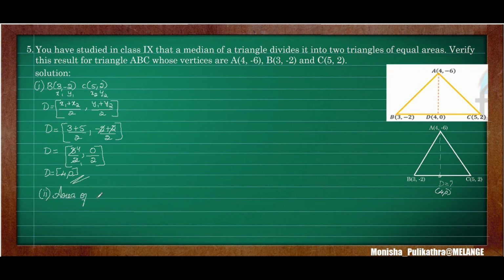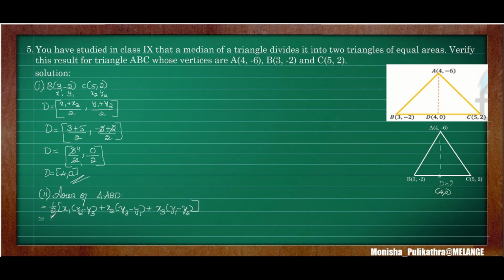So area of triangle ABD is equal to half into x1 into (y2 minus y3) plus x2 into (y3 minus y1) plus x3 into (y1 minus y2).